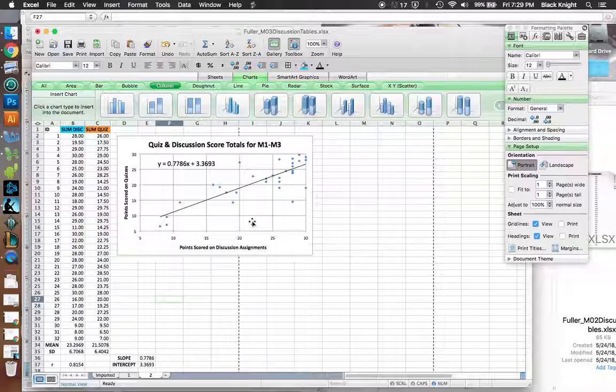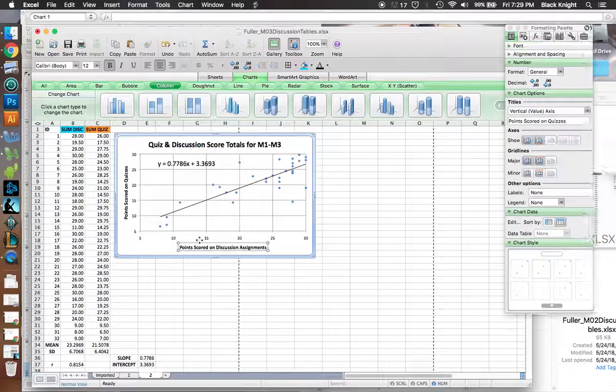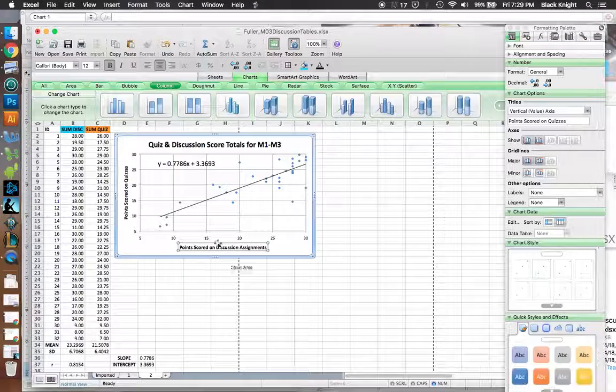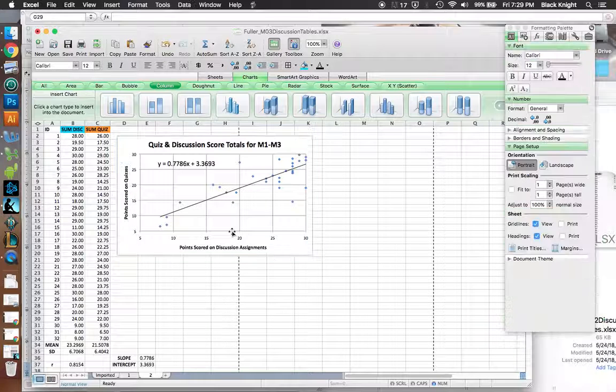The reason I was interested in that is because so far in this class we have the discussion assignments due prior to the quizzes, so I wanted to see if people who were grasping the concepts in discussion were able to also apply that effectively on the quiz. So that's why I had the discussion assignment as the explanatory variable, and the quiz score as the predicted variable.